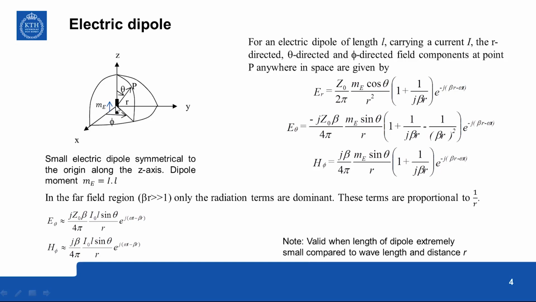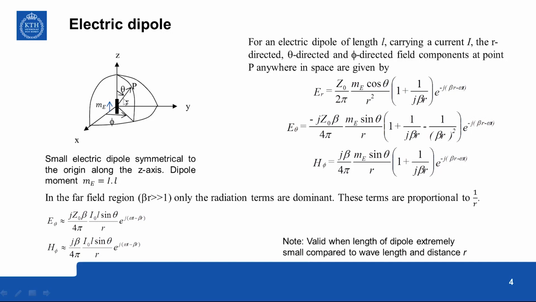This dipole, suppose that this is part of a wire, a small part of a wire of length small l and carrying a current I. Then the electric dipole moment is defined as m subscript E equal to I into L. So the current is directed in the z direction. This is the Cartesian coordinate, x, y, z, what is shown. But we will find the expressions in spherical coordinate because that is more convenient for us.